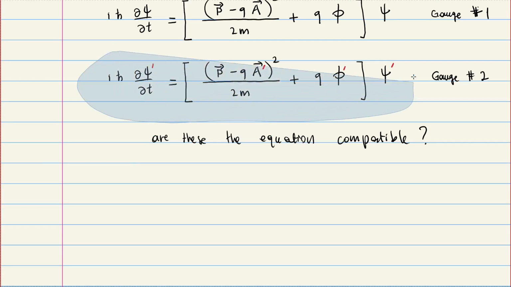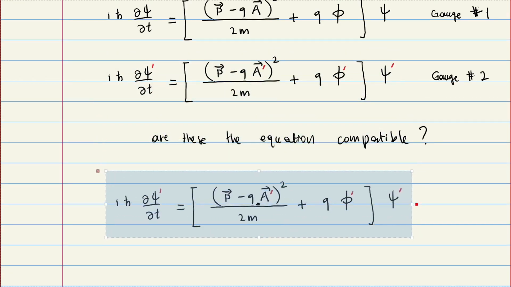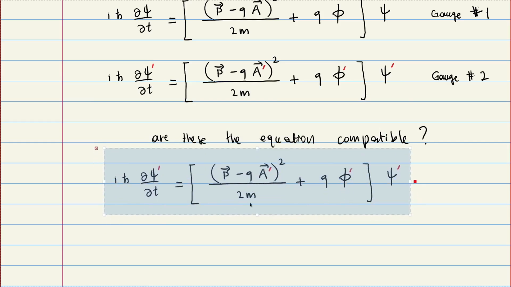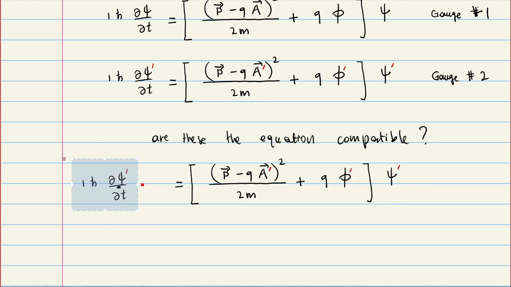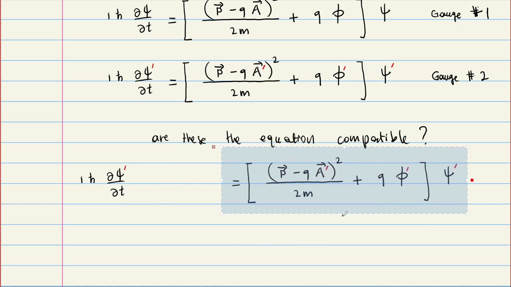I want to rearrange it in such a way that makes calculations a little easier. So let me take this q times phi prime on this side. So this is minus q phi prime, so this entire thing acting on psi.